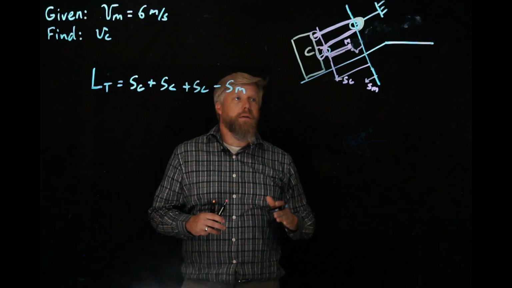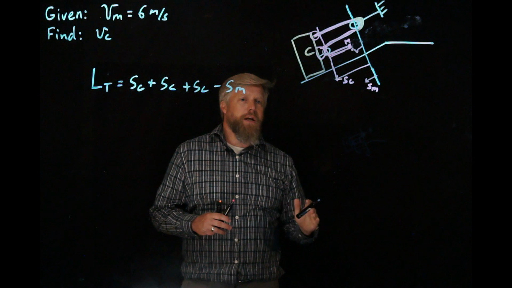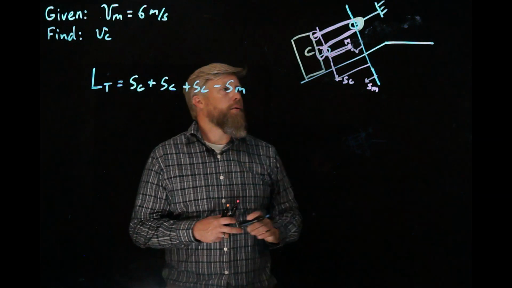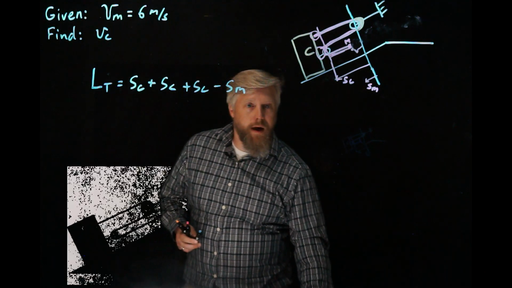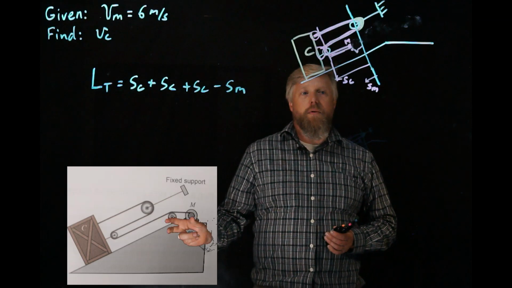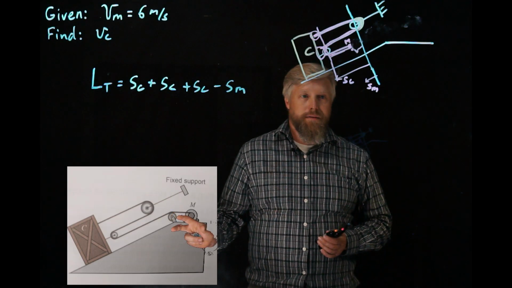Now we know that the rope length does not change. Okay, that can be a little confusing on this problem because if you remember, the initial drawing has a motor. And that motor is wheeling in the rope. So the actual length of rope that you see is changing.